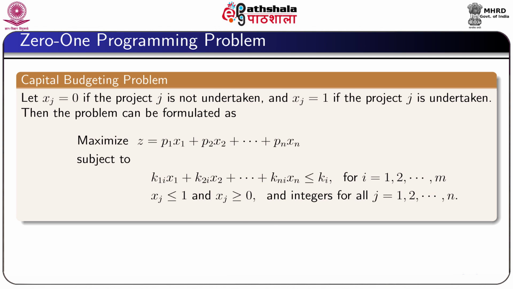In this module, we have discussed Gomory's cutting plane method for mixed integer programming problem. We have discussed branch and bound method, and finally, we have discussed 0-1 programming problem. In this problem, the variables are restricted to take only 0 and 1 values.